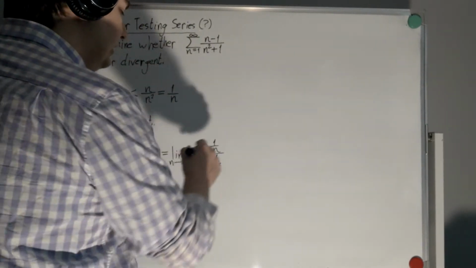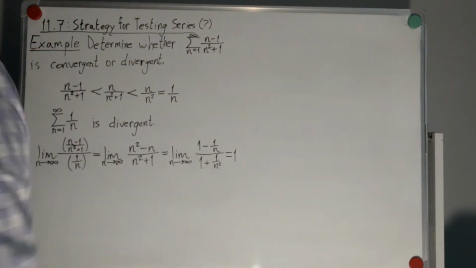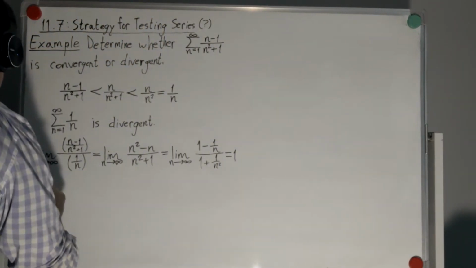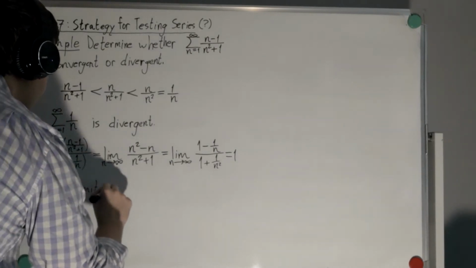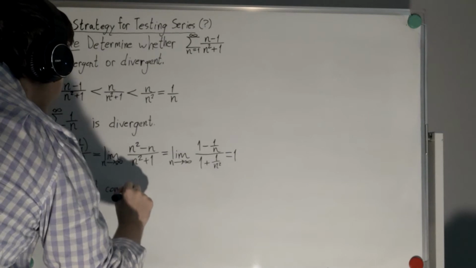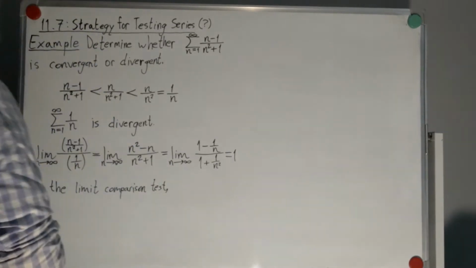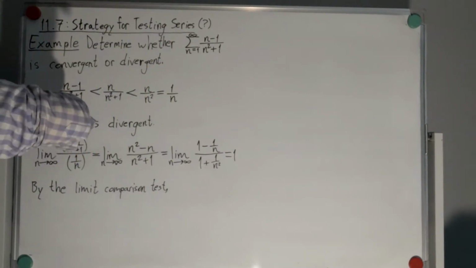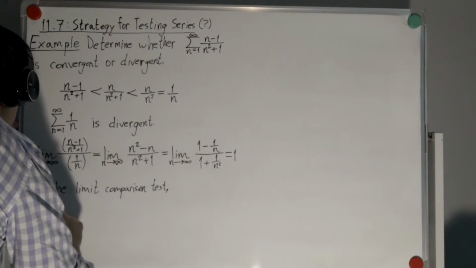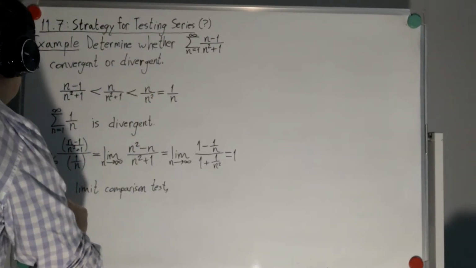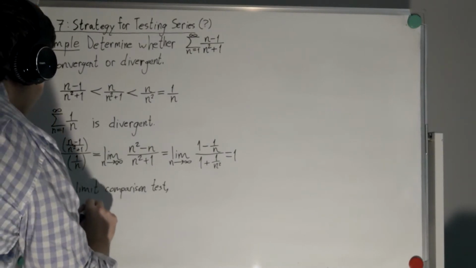As n approaches infinity, these two terms just approach 0, so this is actually 1. So then by the limit comparison test, this series has to have the same behavior as the harmonic series. So the sum from n equals 1 to infinity of n minus 1 over n squared plus 1 is divergent.